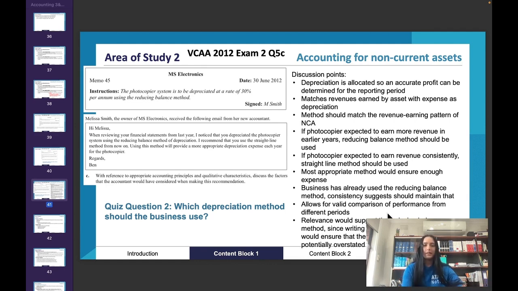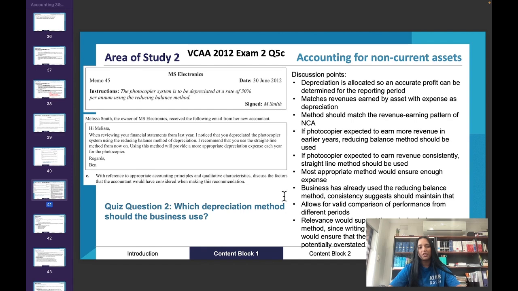And by selecting the most appropriate method, this would ensure that there's enough depreciation expense to match the revenue earning pattern. The business has already used the reducing balance method, and so the business might want to support consistency and make sure that the reports are comparable, which supports comparability, because obviously if we've been using a particular method, then we want to keep using that method so that we can still compare future reports to previous reports, because when the same method is used, it's easier to compare reports, which allows for a valid comparison of performance and a comparison of reports in different periods.